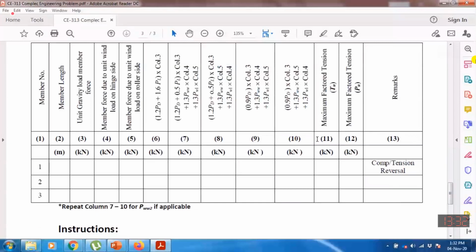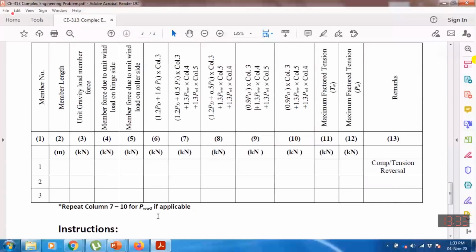This column will be PWW1, column number 9 will also be PWW1, and this will also be PWW1. Column number 11 will be PWW2, and column number 12 will be PWW2. So 4 more columns are for PWW2, because we have two panel windward loads. In this way, you can complete this entire table.